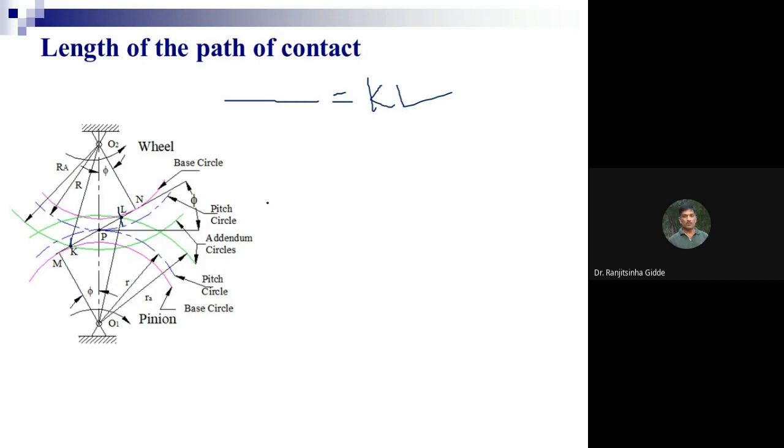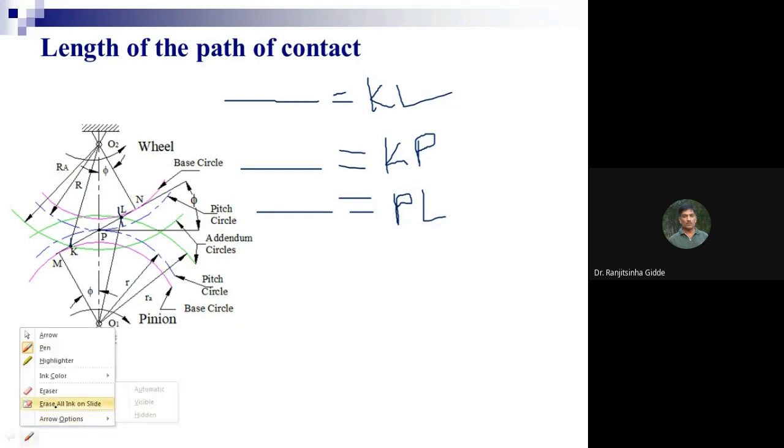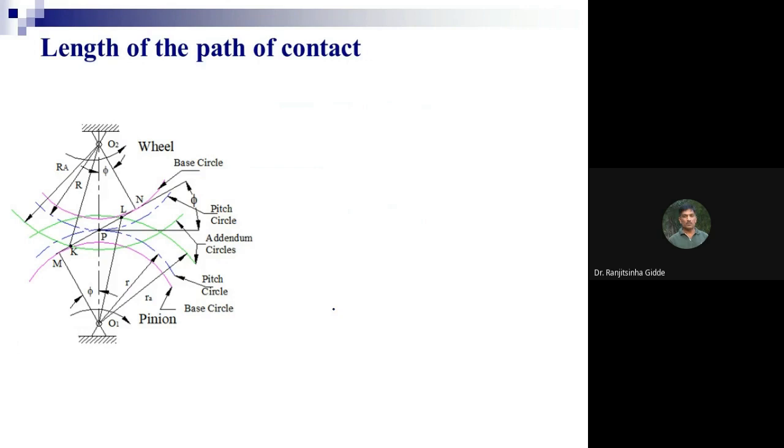Then you can write path of approach is equal to KP. Here you can write path of recess is equal to PL.